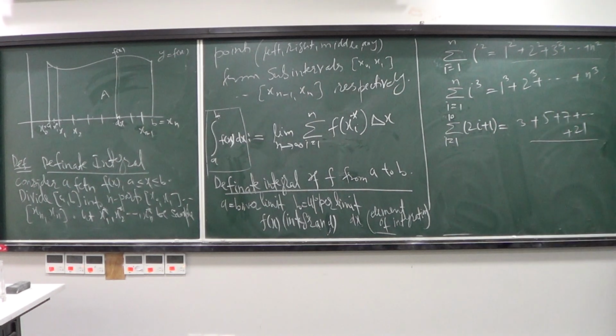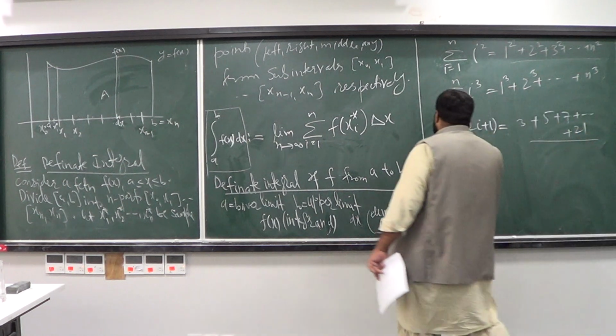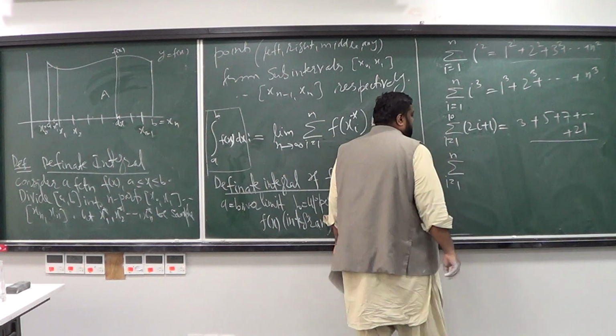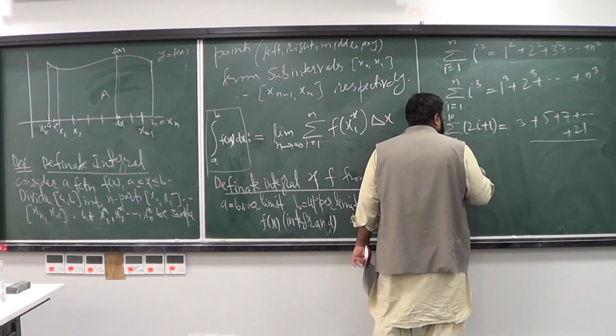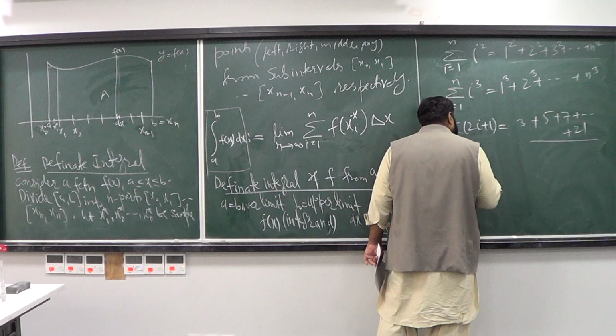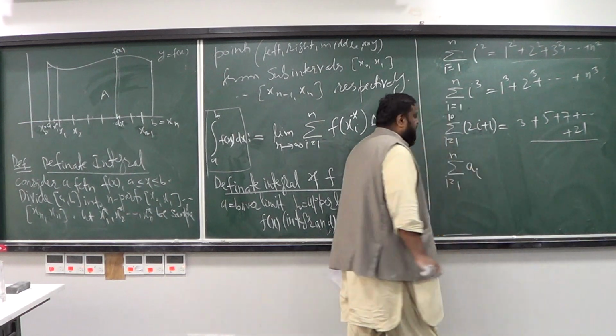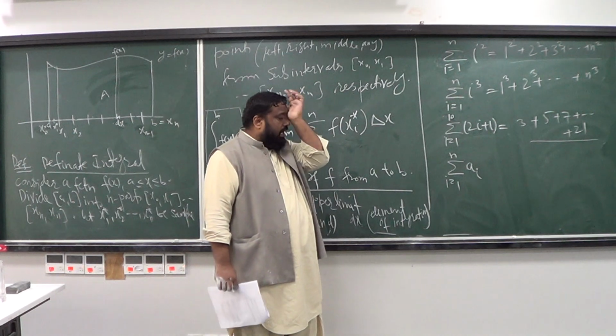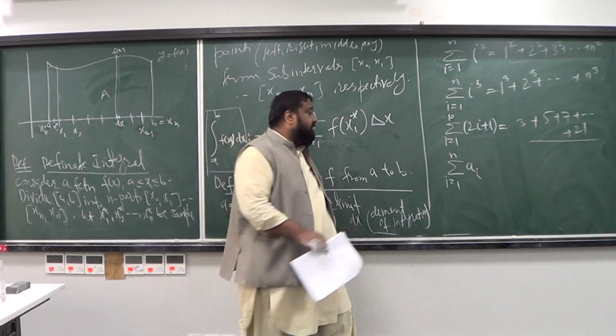So for example, if I'm writing a sum that goes from i equal to 1 to n, and I have a, and in subscript I have i. So how am I going to write it?